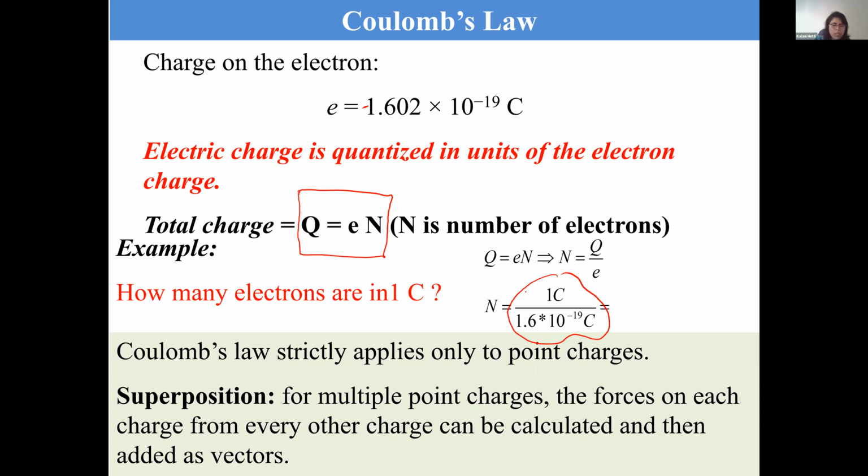I'm just going to calculate it using my calculator. 1 divided by 1.6 equals 0.625, so I have 6.25 times 10 to the power 18 electrons. This is a number of electrons, not units. There is no unit, right?